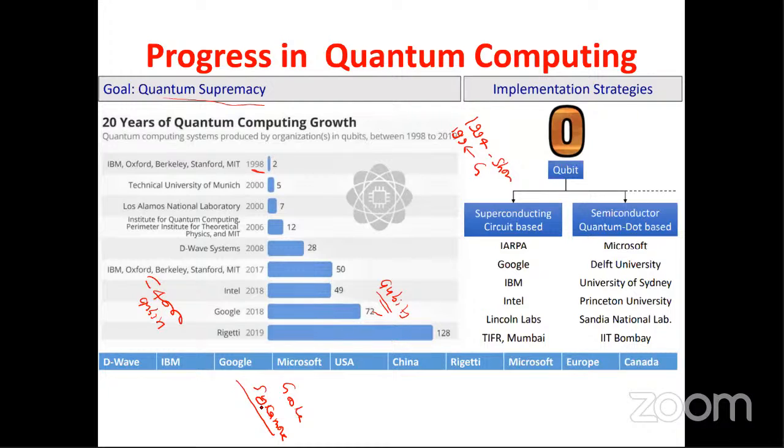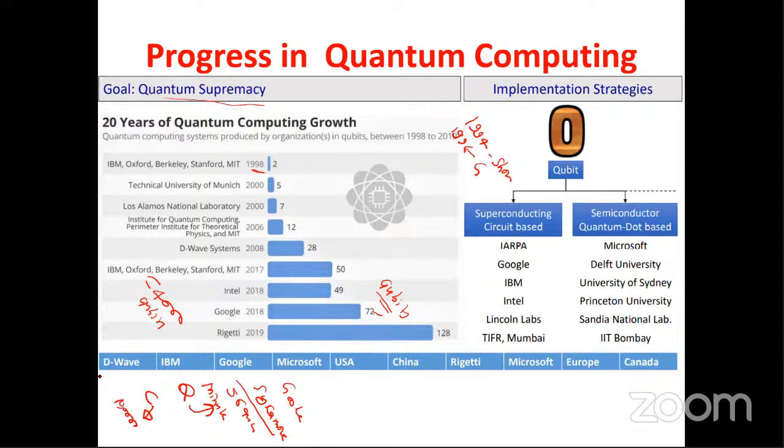While this thing was done on the Google Sycamore quantum computer with 56 qubits in some minutes. So on a quantum computer it was taking minutes, but on a classical supercomputer, 10,000 years.